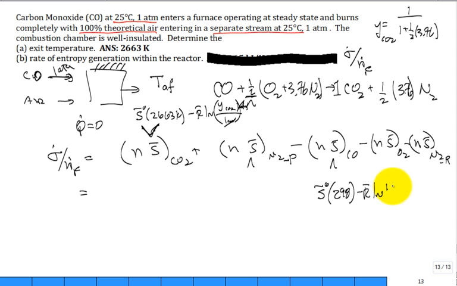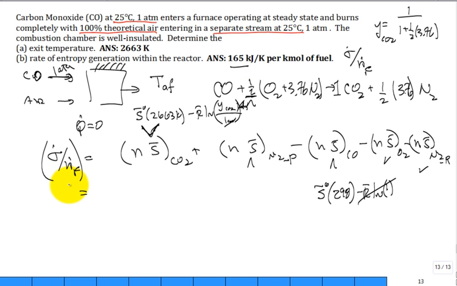And the pressure is 1/1, so the natural log of 1 is 0, and that term gets blown away. All right, you do the same thing for the oxygen and the nitrogen in the products. And you'll come up with 165. For the entropy generation within the reactor, it's 165 kilojoules per Kelvin per kilomole of fuel.